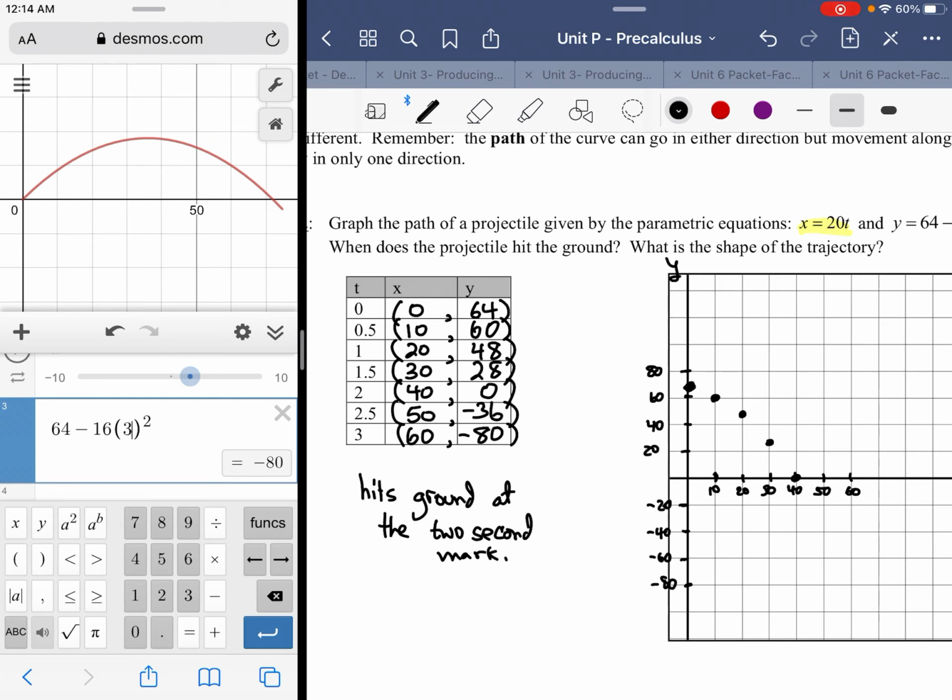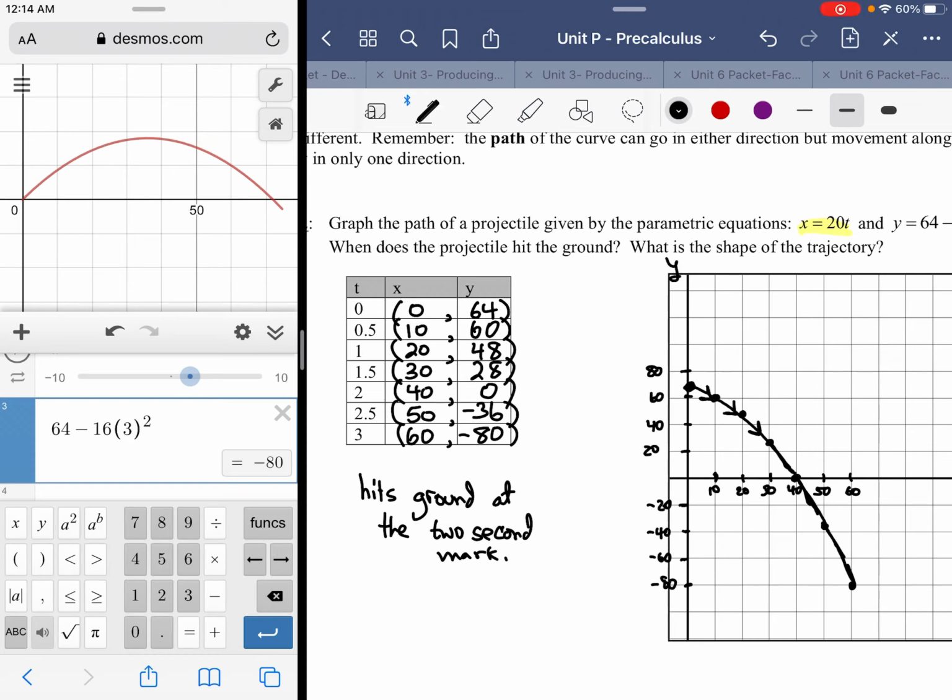All right, then 50, negative 36. It's going to put us about right around here, and then 60, negative 80. And then I can just do the best I can to not draw a terrible curve. Oh, I slipped. Oh, slipping and sliding.